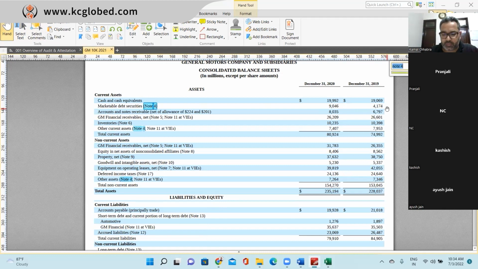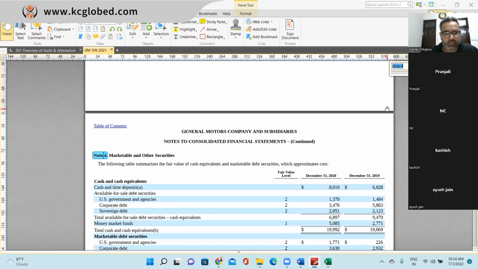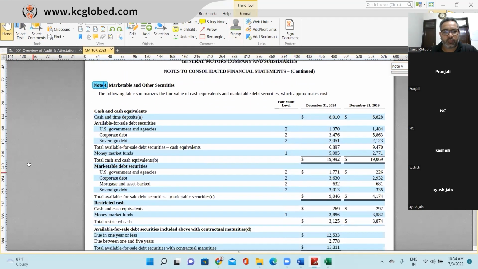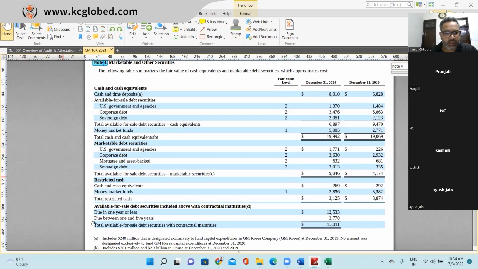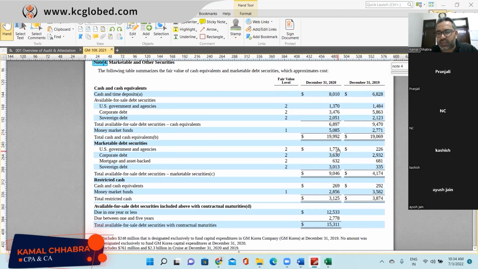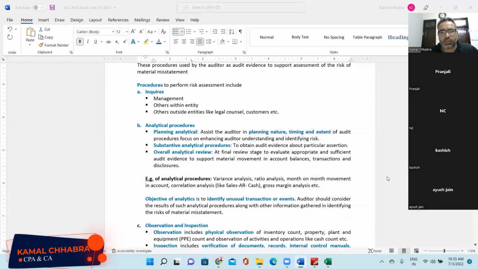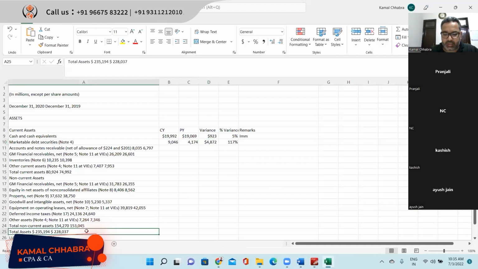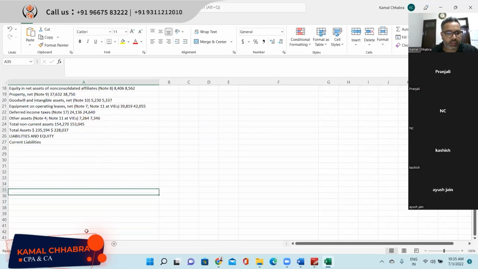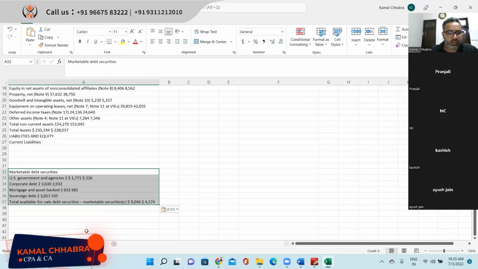If you go to note number 4, you can see at the detail level for the marketable debt security, they have invested in US government agency 1771 compared to previous year 226, right? So for example, for detail analysis, you'll be analyzing this one. That will be called a disaggregated analysis. For example, marketable security, you're analyzing here.